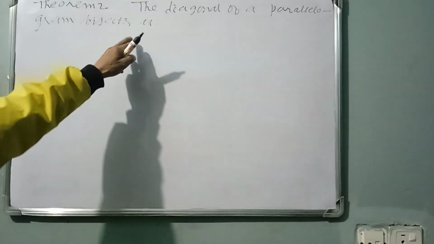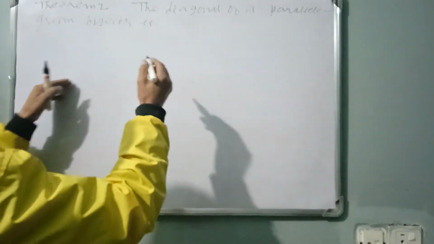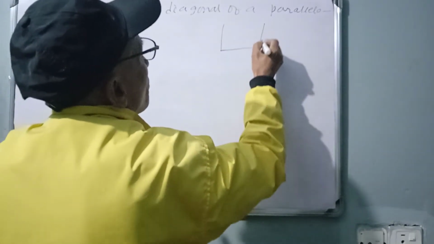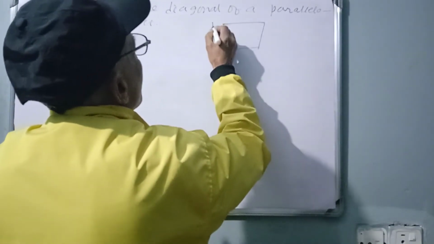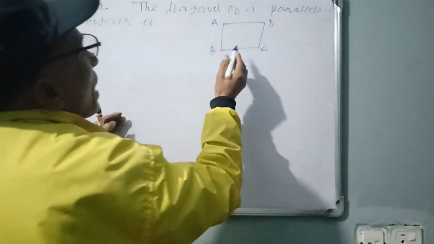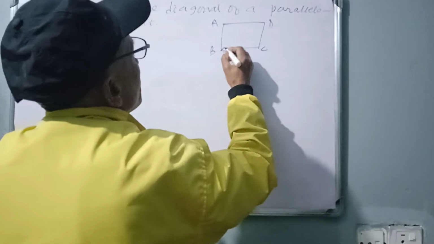What do you mean by it? It means, first of all, you have to draw a parallelogram. ABCD is a parallelogram. You can draw any diagonal, either AC or BD.